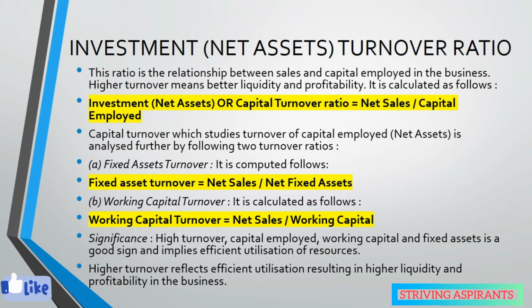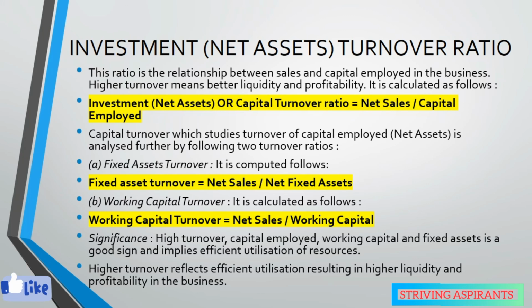This capital turnover ratio can be studied by analyzing the following two turnover ratios: fixed asset turnover and working capital turnover. Fixed asset turnover means net sales by net fixed assets, and working capital turnover means net sales divided by working capital.